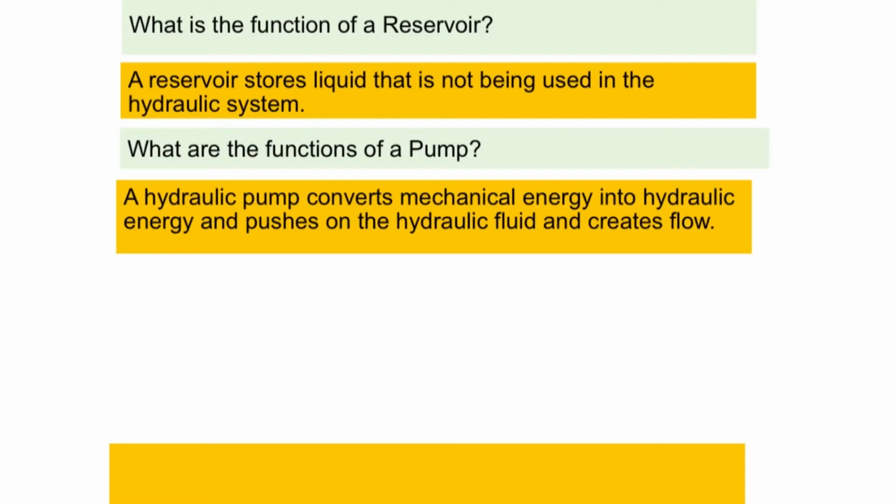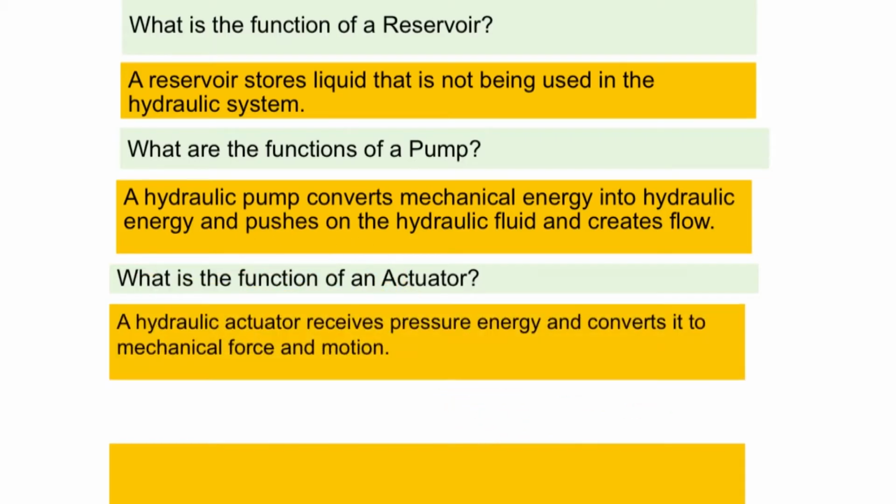Now let us look at the actuator. The function of an actuator in a hydraulic system is that it receives pressure energy and converts it to mechanical force and motion.